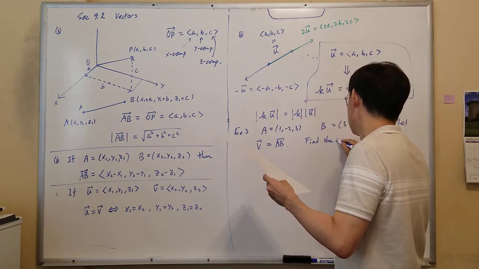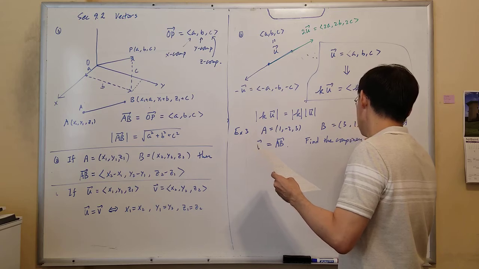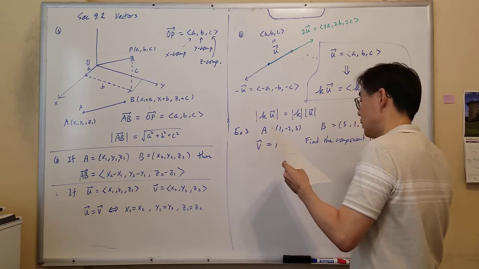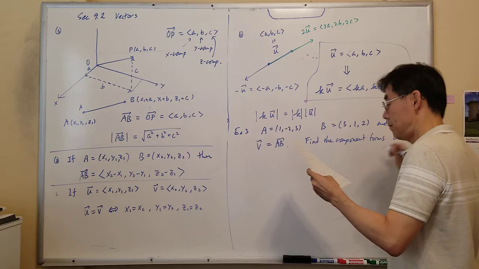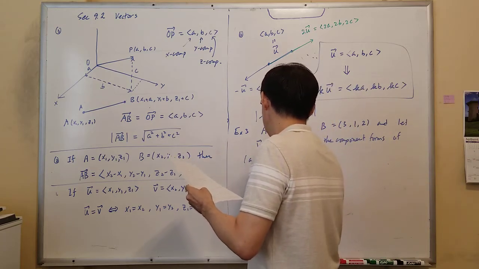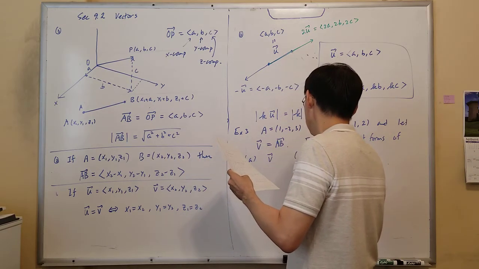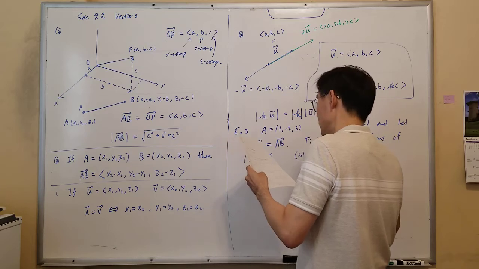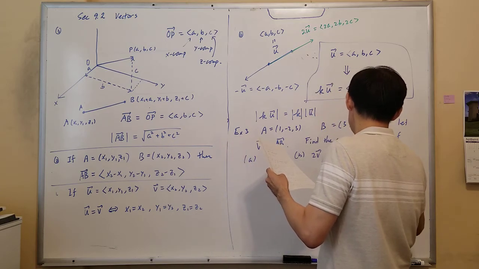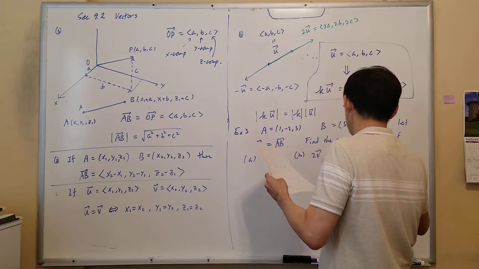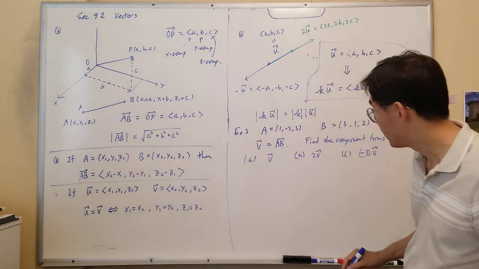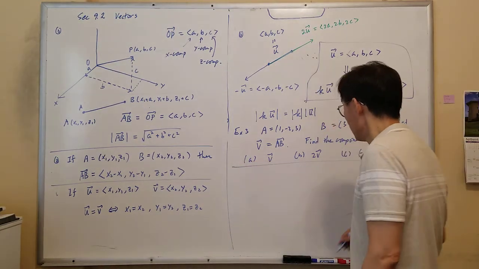Find the component form of b, 2b, and -3b. Okay? Solution.